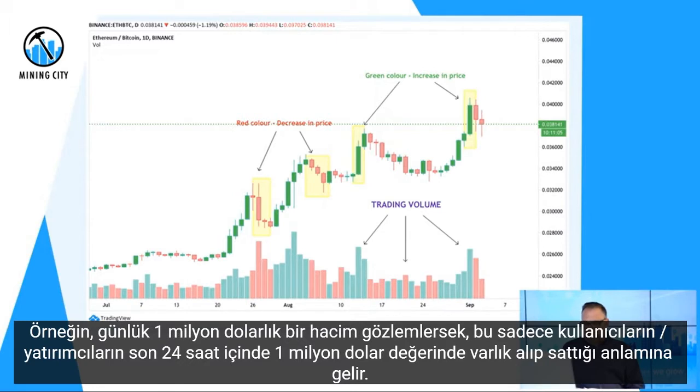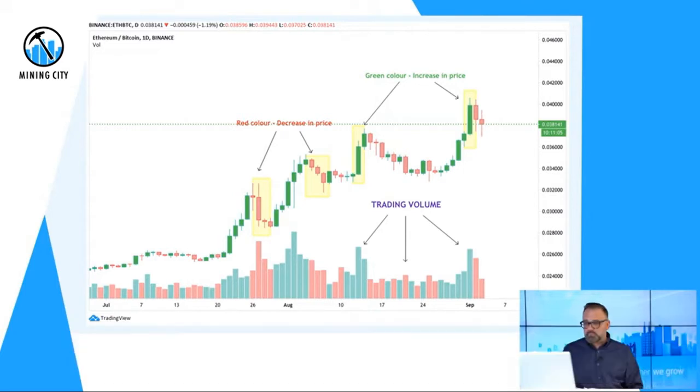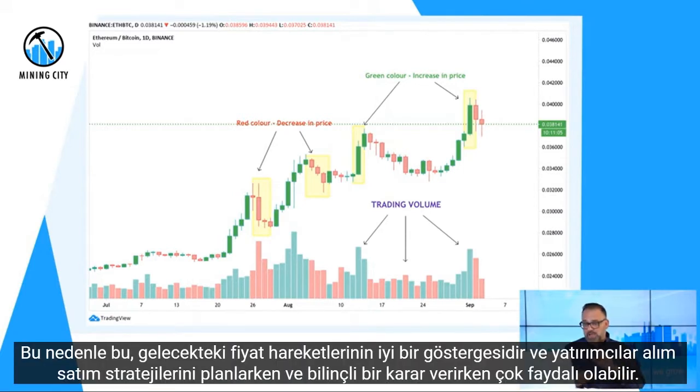If we observe a daily volume of, let's say, $1 million, for example, it simply means that users or traders have bought and sold assets worth about $1 million over the past 24 hours. Simple. This is therefore a good indicator of the future price movements, and it can be very useful while traders plan their trade strategy and make an informed decision.